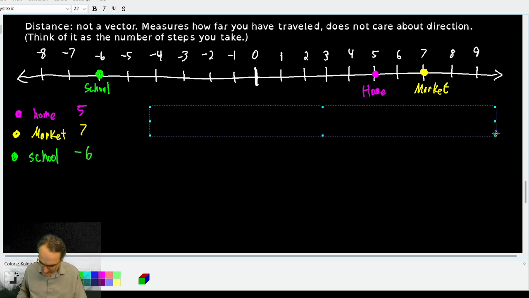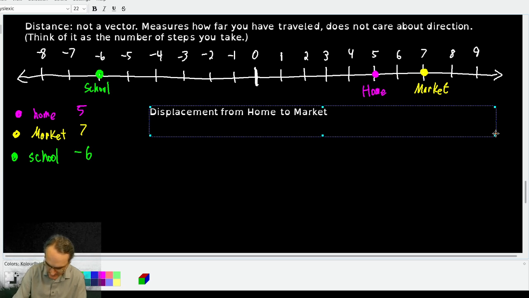So let's start with this. We'll start with displacements, actually. First, we're going to look at the displacement from home to the market. Then we're going to look at the displacement from home to school.